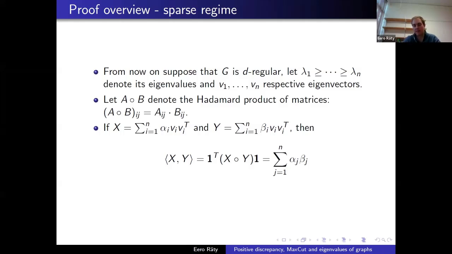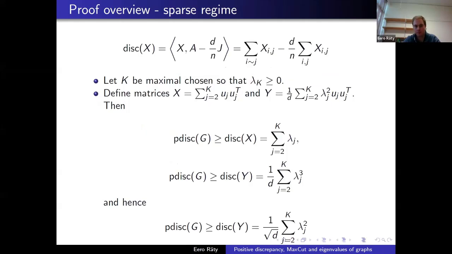So motivated by this example, it suggests that we should probably pick our matrices X that we feed into this discrepancy function to be linear combinations of matrices of the form v_i v_i transpose. So let lambda_k be maximal chosen so that it's still a non-negative eigenvalue.